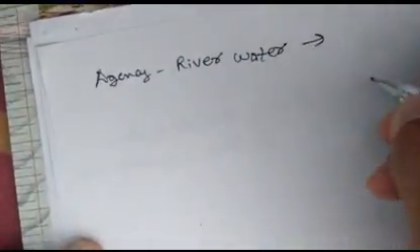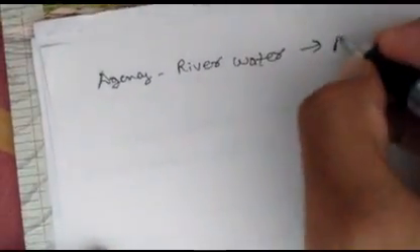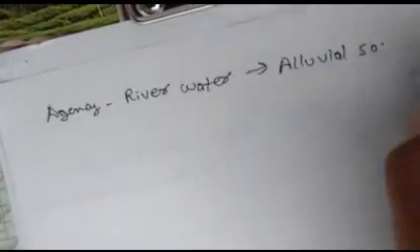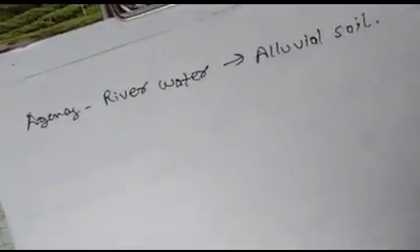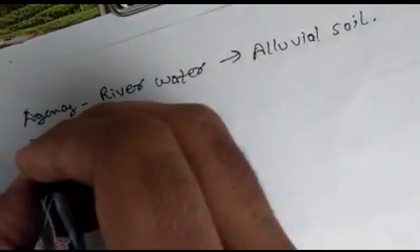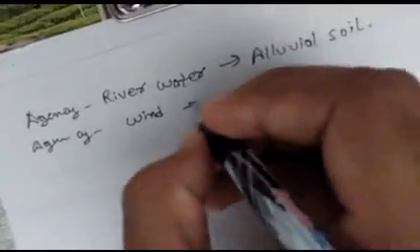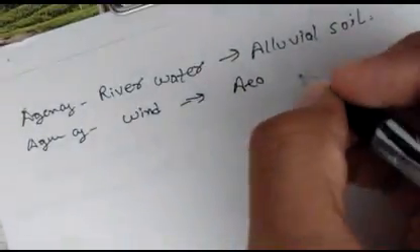So soil transported and deposited by river water will be called alluvial soil. If agency is wind, we call it aeolian soil.